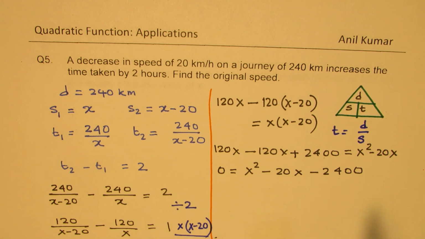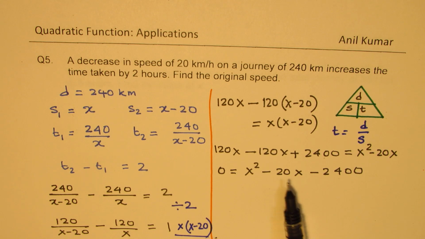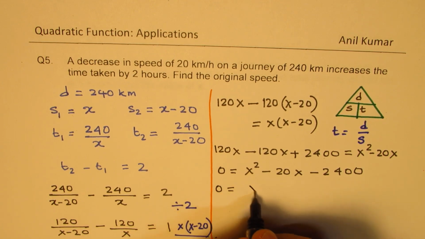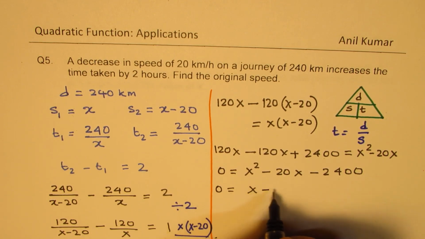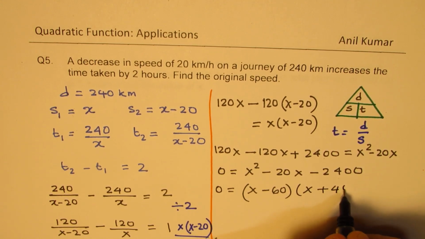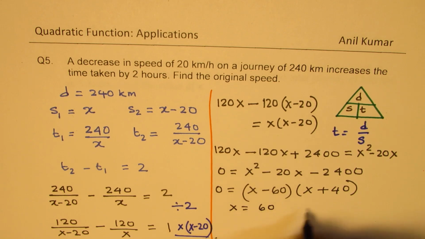Now, we are looking for two numbers whose product is 2400 and difference is 20. So 6 and 4, 24, right? 60, 40 can work. So we could factor this and write this with the bigger number negative: x minus 60 times x plus 40. Good. So that means x is equal to 60 and x equals minus 40.